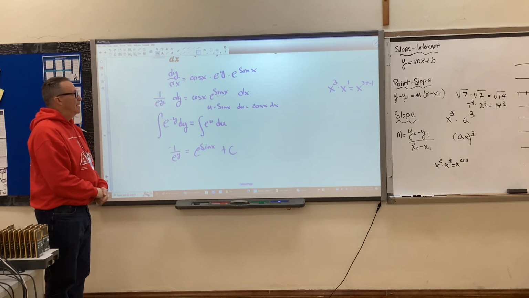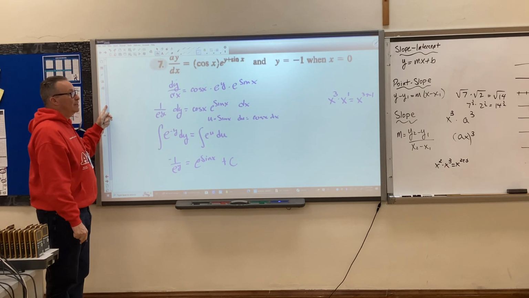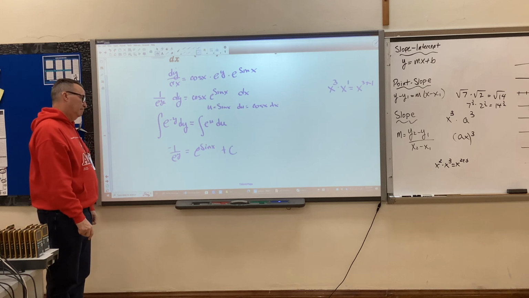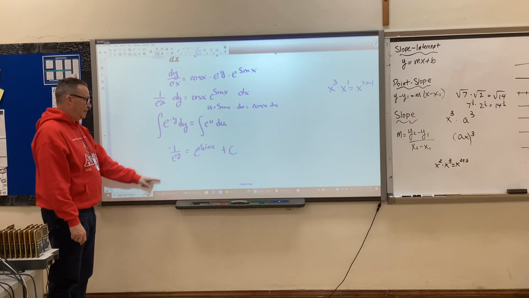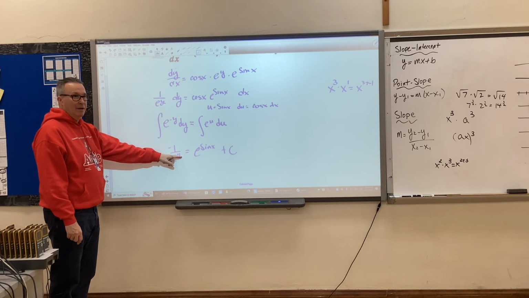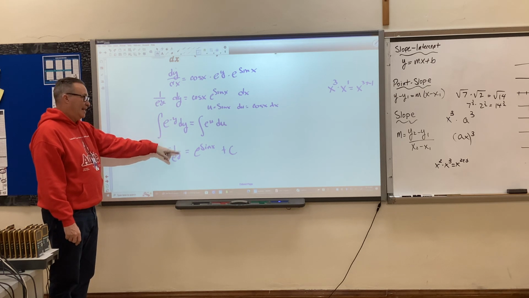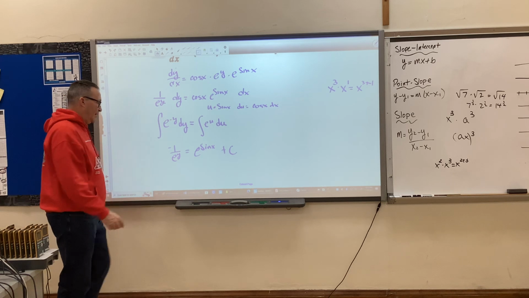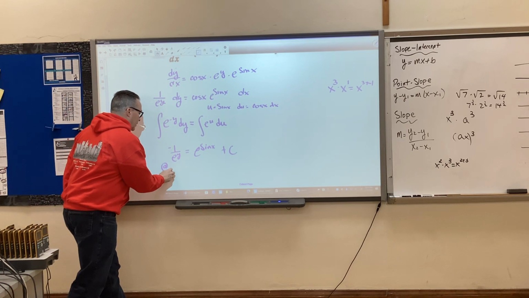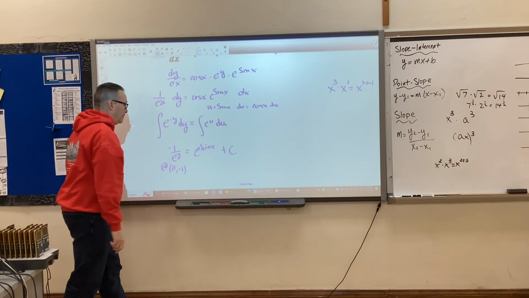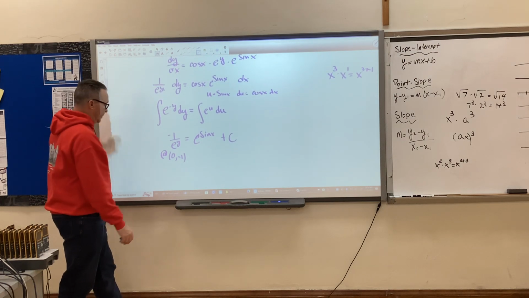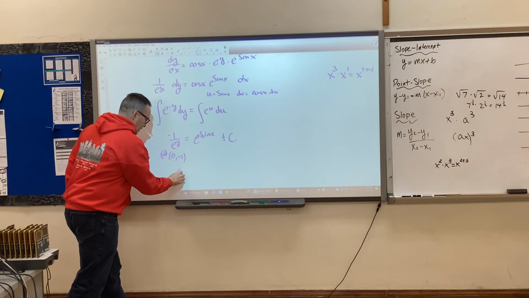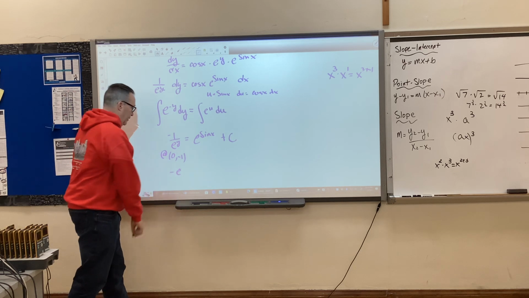Okay? And we use the point 0, negative 1. So that's funny, because I have e to the y on the bottom, but e to the negative 1 just moves e to the top.